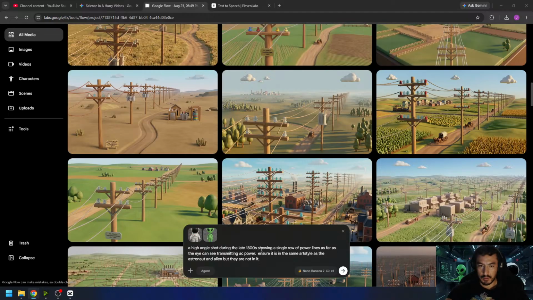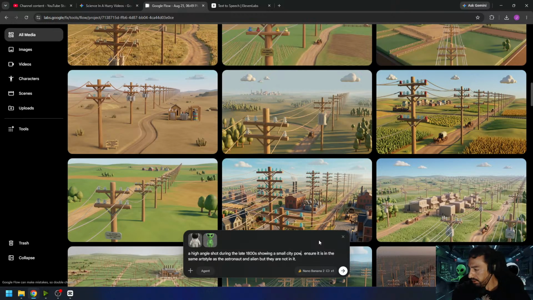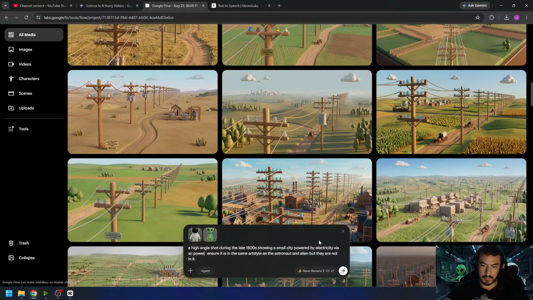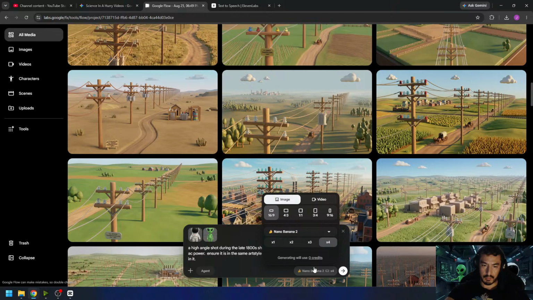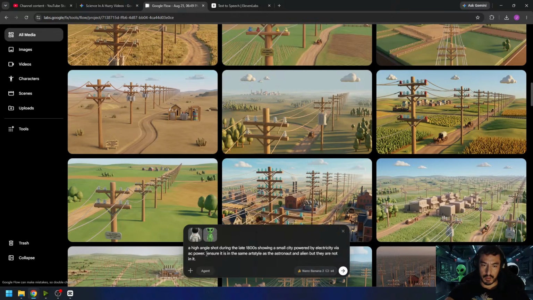Showing a small city powered by electricity via AC power. And we'll do it at nighttime to make it obvious. City powered by electricity. A high angle shot during the late 1800s showing a small city at night powered by electricity via AC power.